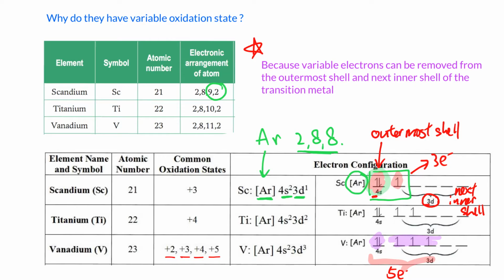You just tell them that because the electrons, which can be 2 or 3, can be removed from the outermost shell and also the next inner shell of the transition metal, therefore they can form ions or compounds with variable oxidation states. This one is a key statement for this chapter.